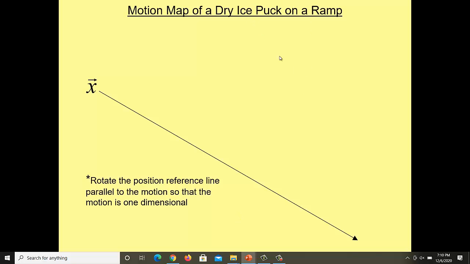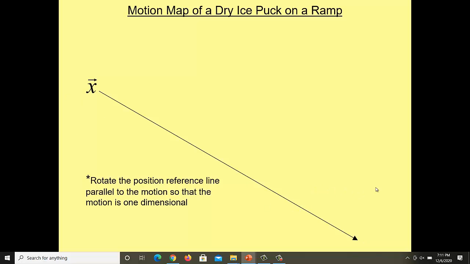So we can talk about this dry ice puck going down the ramp instead of going horizontally and vertically at the same time. It makes the motion description easier, and makes the math a heck of a lot easier, if we rotate our axes so that it's parallel to the incline. So I took my position reference line here and I just rotated it.